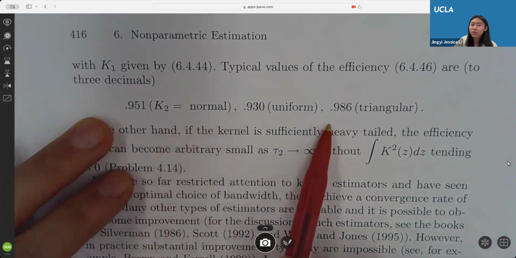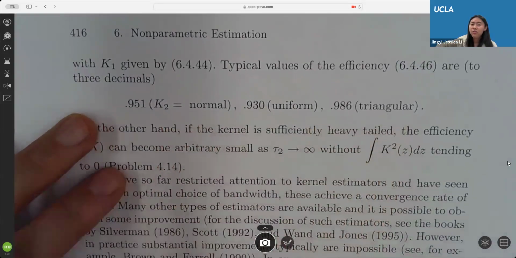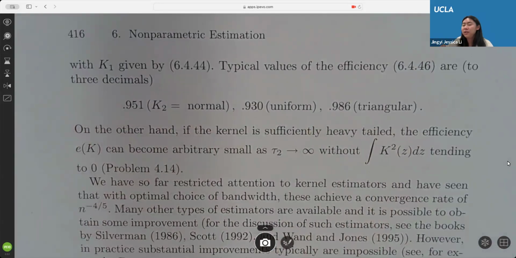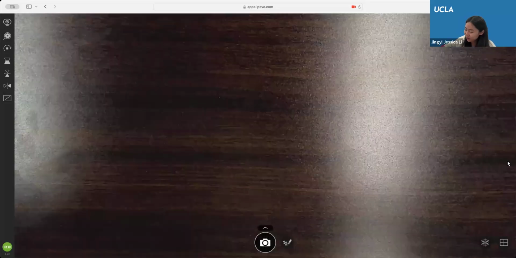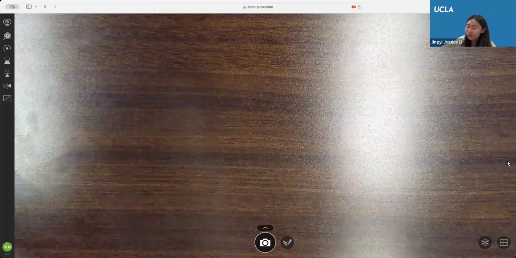Using normal, uniform, triangular, you lose some efficiency, and you lose the most using uniform. Like the naive plug-in version is the uniform, but you lose the most using that. And triangular gets closer to what we get from this optimal Epanechnikov kernel.